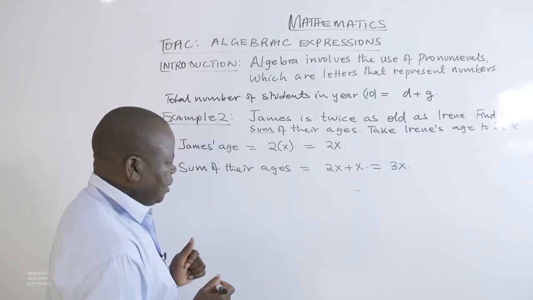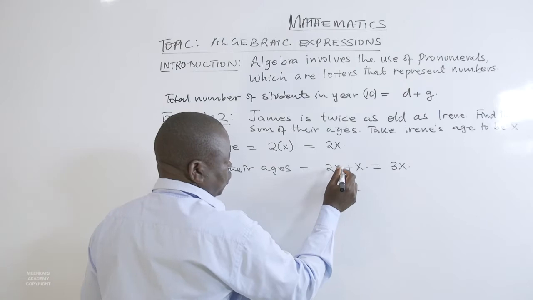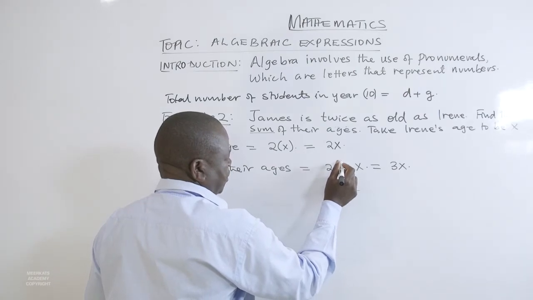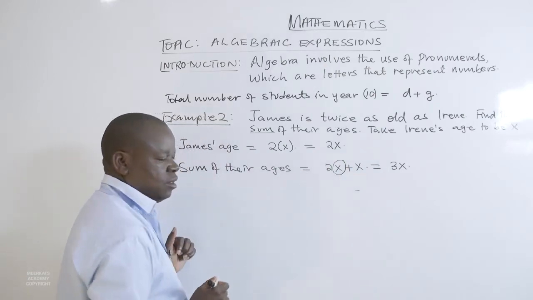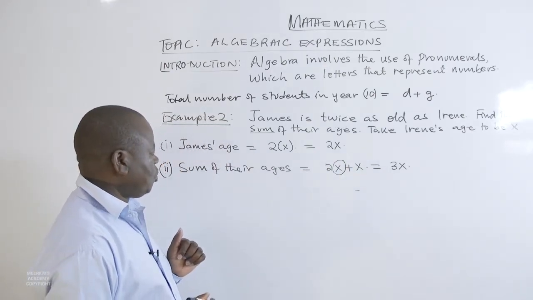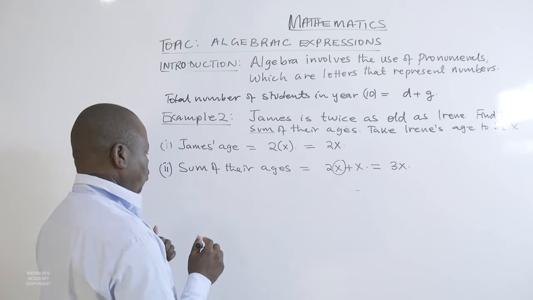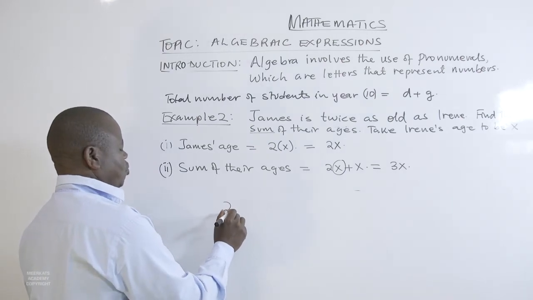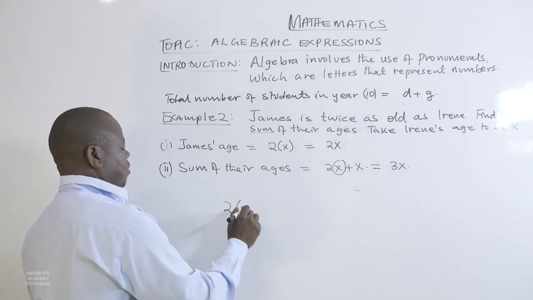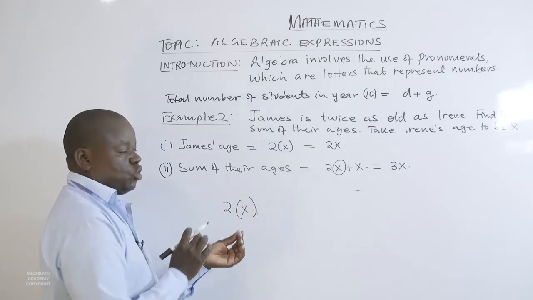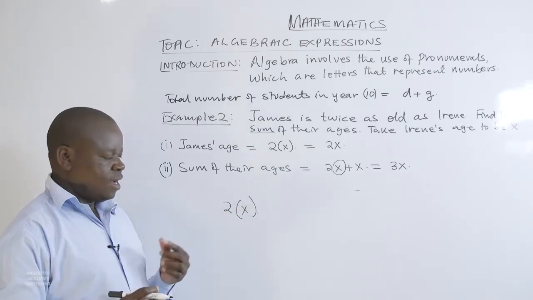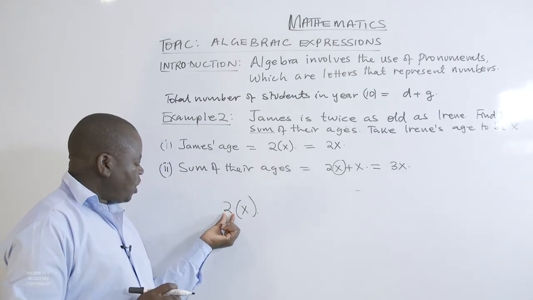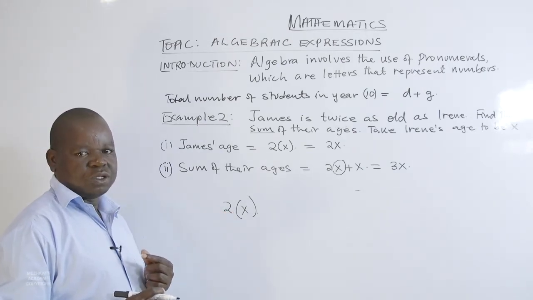Now, in this particular case, we have 2x. We have 2 multiplied by x. There is that 2. This is where we started from. The bracket means multiplication. So we have this as a pronumeral and this one as a numeral, a mathematical numeral.